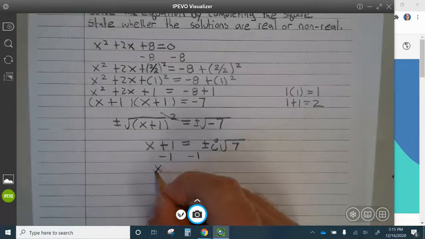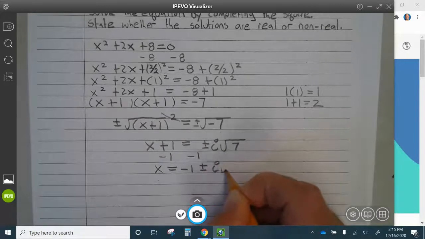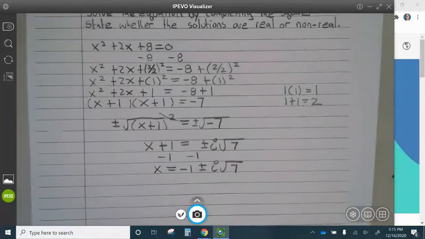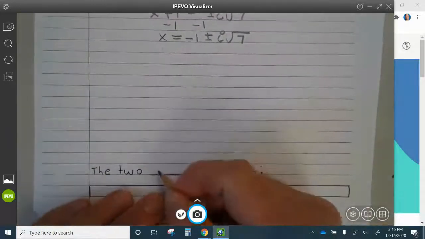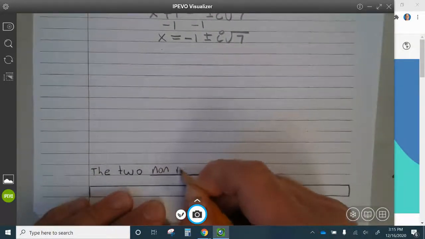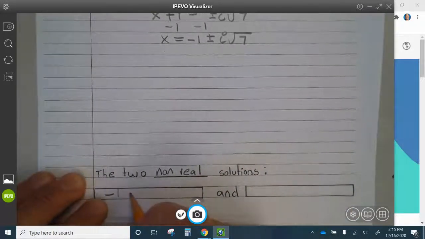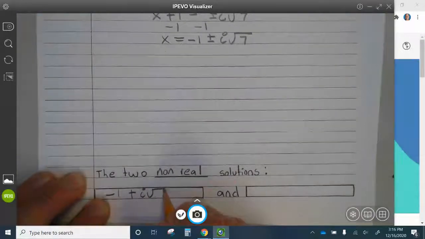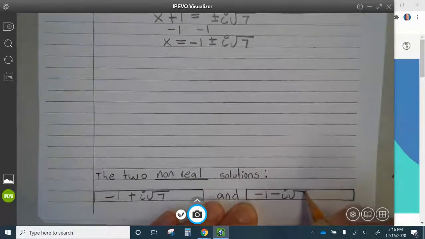So then x equals negative 1 plus or minus i square root of 7. Okay, so the two non-real solutions are negative 1 plus i square root of 7 and negative 1 minus i square root of 7.